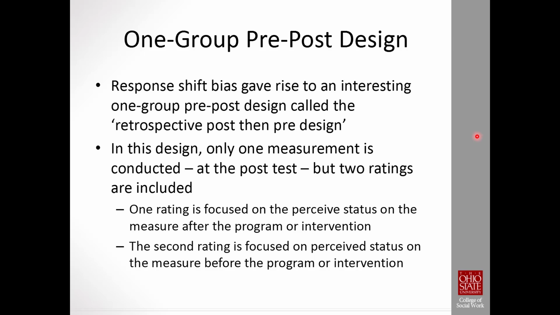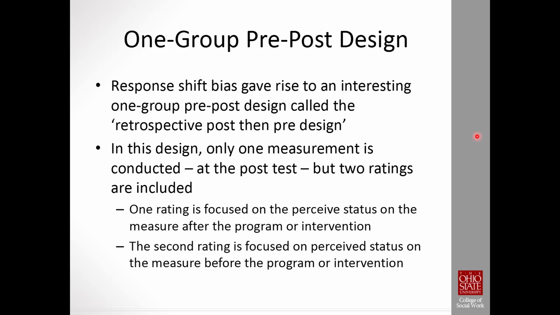So anyway, out of response shift bias, some people came up with this retrospective post and pre, and really, the only difference between the traditional pre-post and the post and pre-test is when the measure is taken.